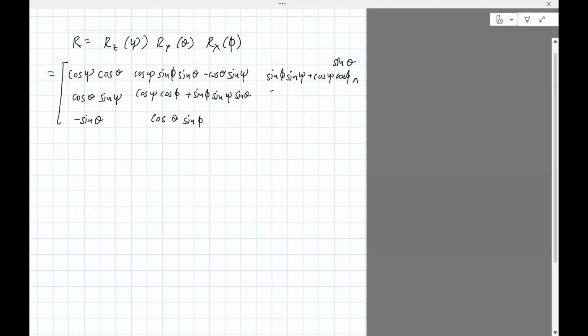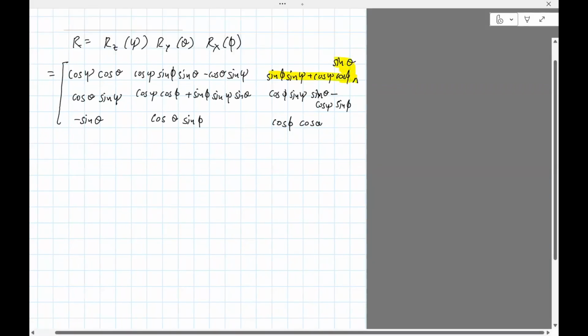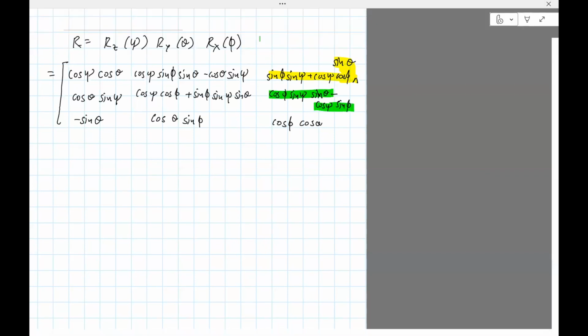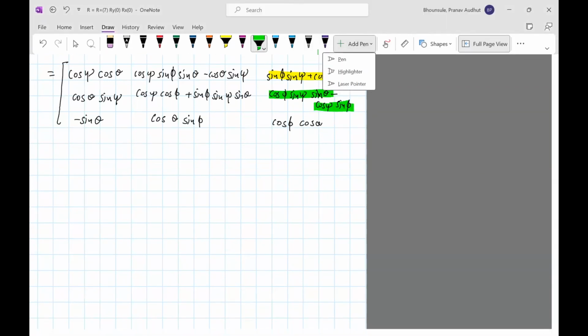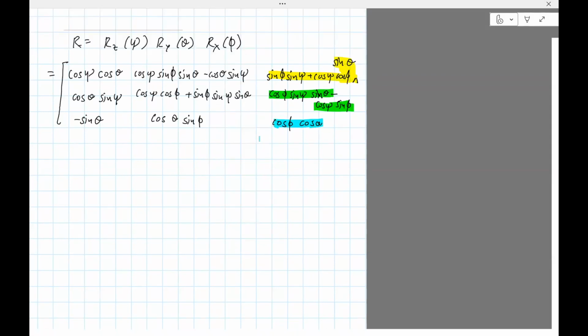Okay, the second one is cos phi, sine psi, sine theta minus, my God, cosine psi, sine phi, and then cosine phi, cosine theta. Okay, so this is one expression, obviously, and then this one is another one. Let's change this color to another one. So that is how it looks.